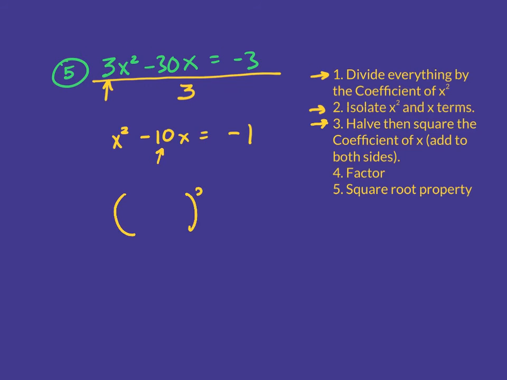You're going to end up ultimately with some parentheses squared equals some number on the right, and inside the parentheses you're going to have x and then a halved version of it, which would be negative 10 over 2, which would just be 5. And then if you square that, that's the number that you're going to be adding to the 1.